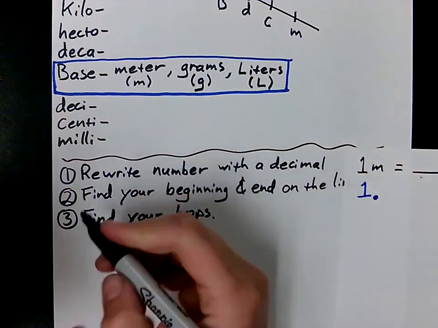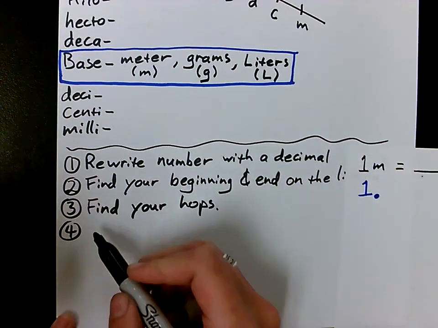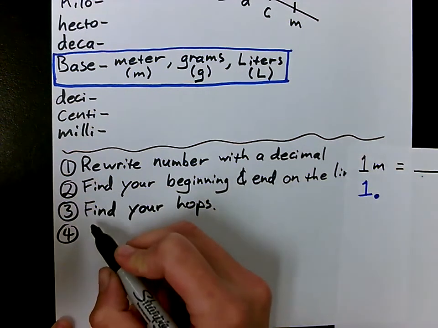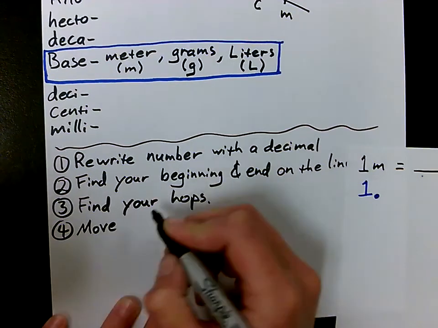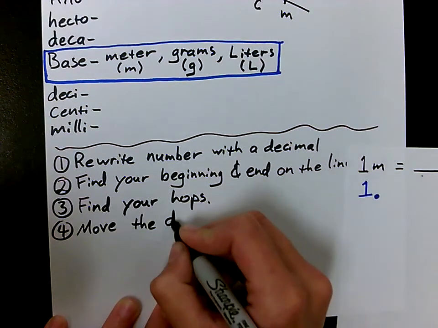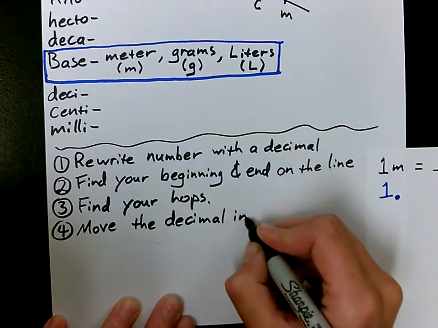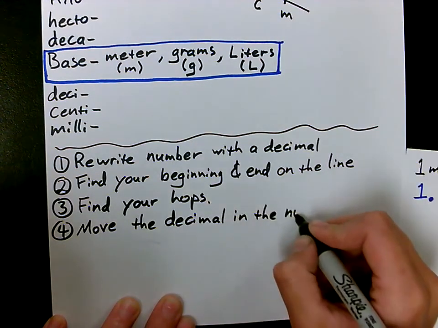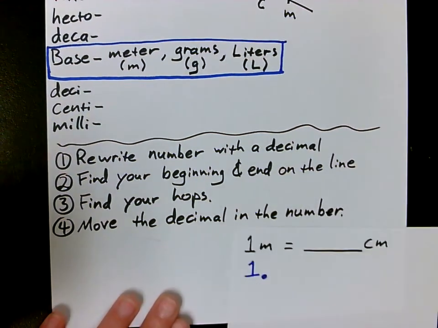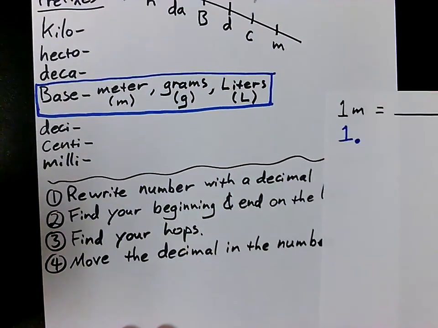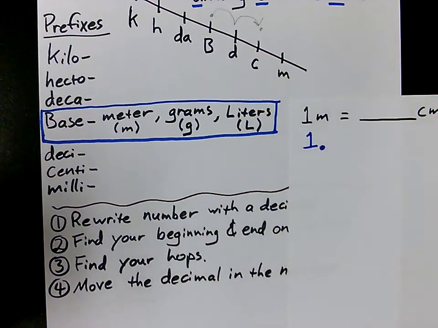Step number 4. Step number 3 is super easy. Step number 4 is going to be move the decimal in the number. Okay, so all we have to do is, again, think about over there.